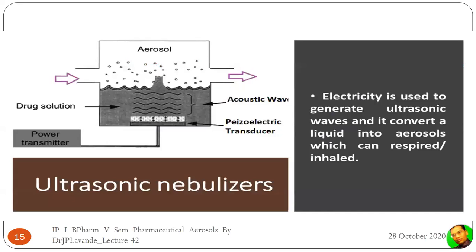There is an ultrasonic nebulizer. In the case of an ultrasonic nebulizer, electricity is used to generate ultrasonic waves, and it converts a liquid into aerosols which can be respired or inhaled.